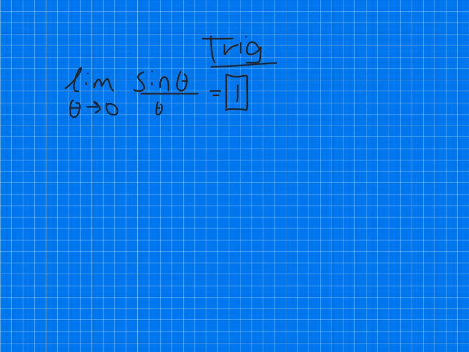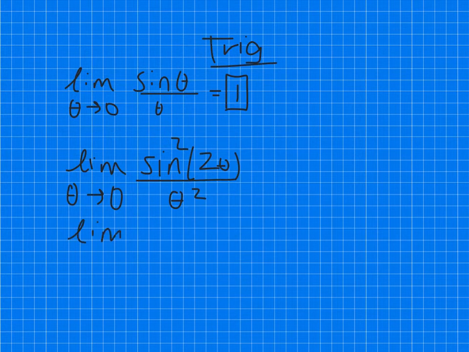So how about the limit of sine squared of 2 theta over theta squared as theta approaches 0. Now I'm going to rewrite it just so you can see.